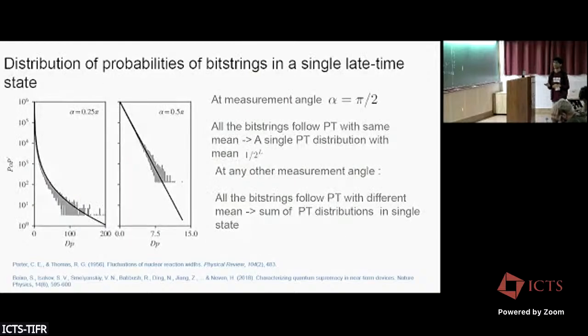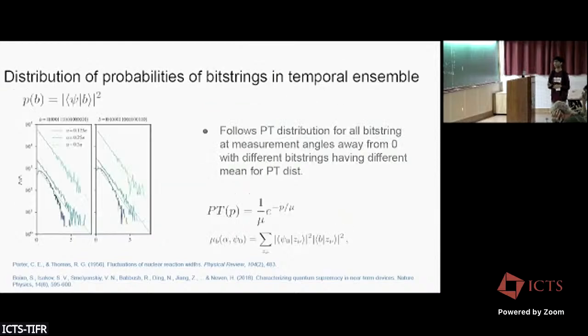Okay, so the last plot was regarding the temporal ensemble. This is for a single time evolved state, and you calculate the expectation value of all possible bit string projectors. So you take all possible b, calculate p_b, take a single state, psi, which is a time evolved state at a very late time, and histogram them.